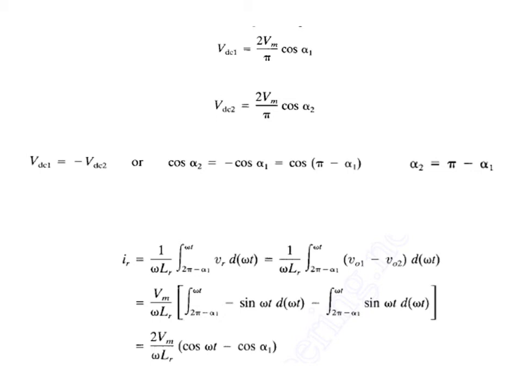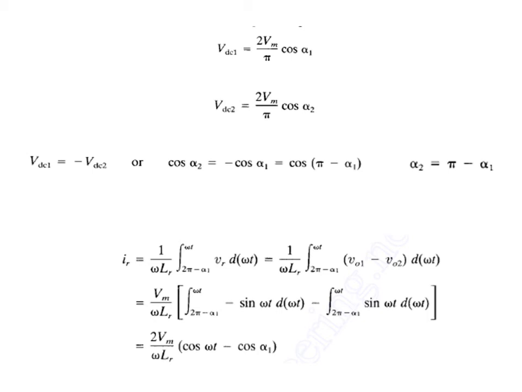The circulating current depends on the delay angle and becomes maximum when alpha 1 is equal to pi and omega t is equal to n pi, where n varies over 0, 2, 4, that is, even numbers.